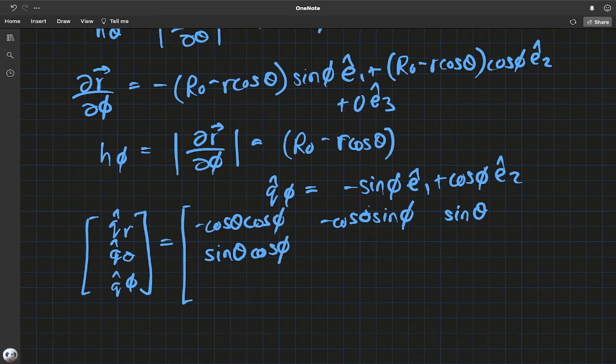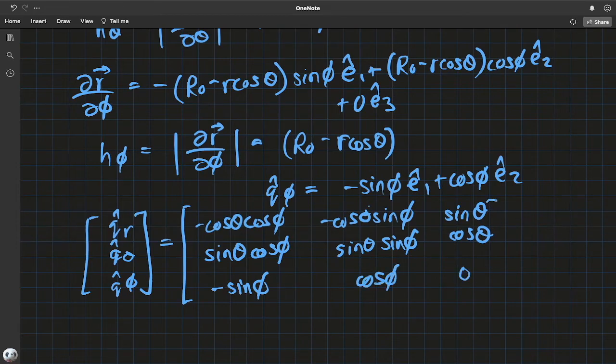Again, if you watch my linear algebra playlist, you'll understand this concept way more. We have cosine theta here, negative sine phi, cosine phi, and a 0, e1 hat, e2 hat, e3 hat, and that is your complete matrix.